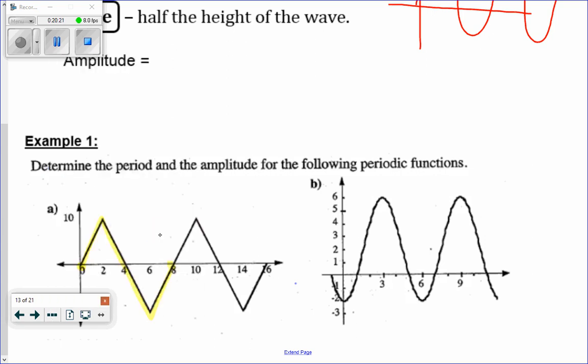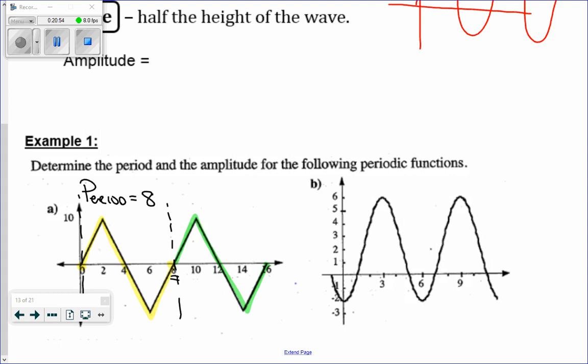It repeats again. Up, down, up. So the period is the length of one pattern. So how long is one pattern? 8. Now I don't know if it's 8 seconds or 8 degrees or 8 radians. I don't care. I'm just going to say the pattern is 8 units long. It's the length from start to finish.